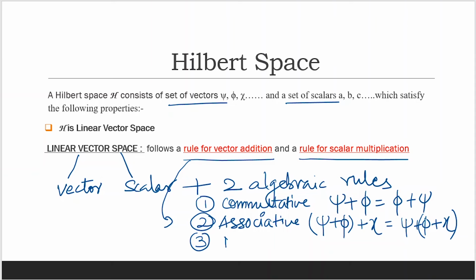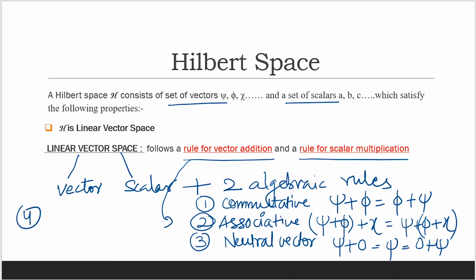Third, neutral vector. If we add the neutral vector to any vector, we get the exact same vector. And fourth is the inverse vector, in which we add the inverse vector to get the null vector.